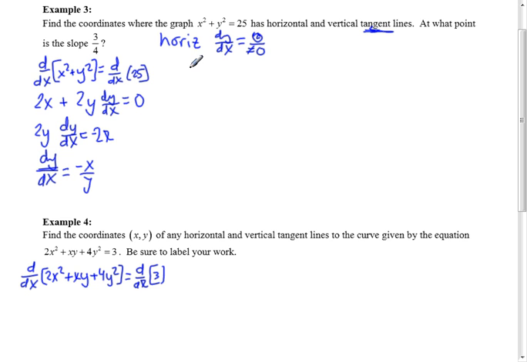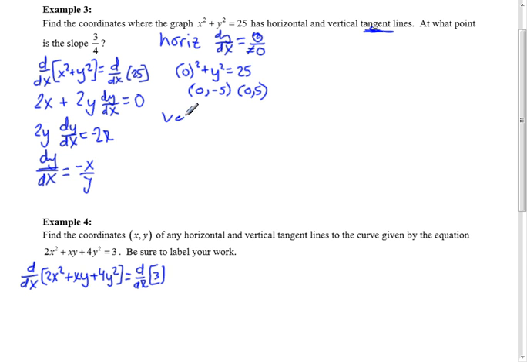Okay, so where is the numerator 0? That's when x is 0. So if I plug in 0 for x and solve this, we're trying to figure out where y squared is 25. So we take plus or minus the square root of both sides. We get y equals 5 and negative 5. So we have two places where there are horizontal tangent lines: (0, 5) and (0, -5).